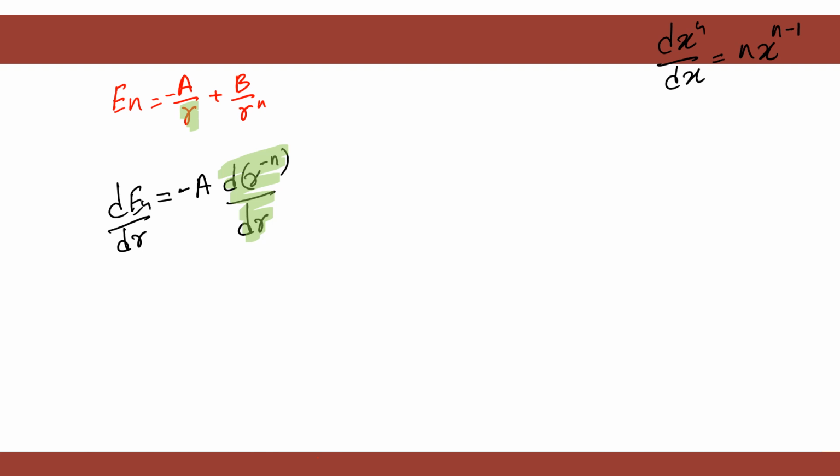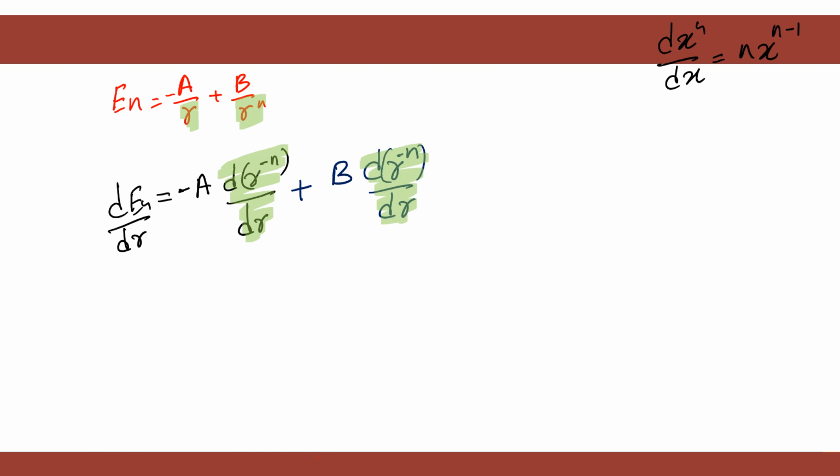And then the next one, how can I write the next one? Plus, again, B is a constant. So I'm taking d(r^-n)/dr. Did I do anything wrong? If I take it to the numerator, it is r to the power -n, isn't it? So I have done something wrong here.